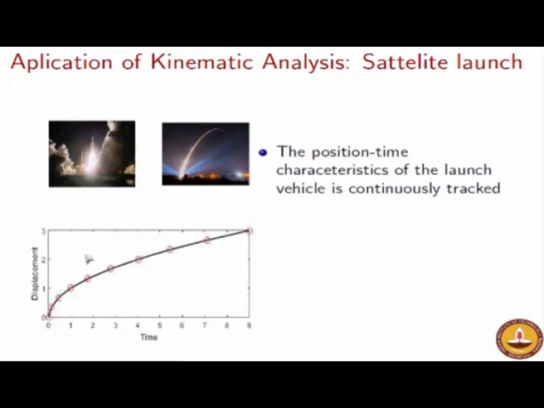So what does that mean? They are continuously plotting where the launch vehicle is in time, with every time how far it has gone. The displacement from the launching site to where it has gone needs to be continuously tracked. This is a graphical representation, and this is what the ISRO scientists will definitely do during the time of its launch. They will continuously track the trajectory of the launch vehicle.